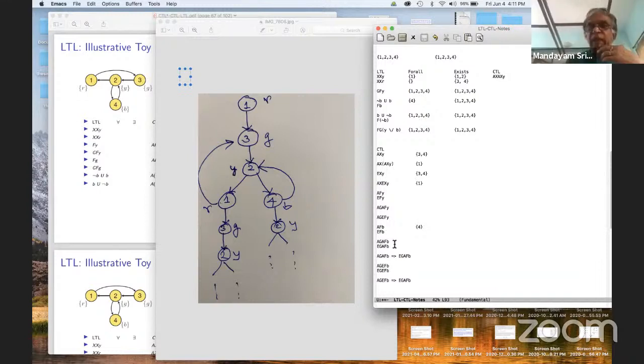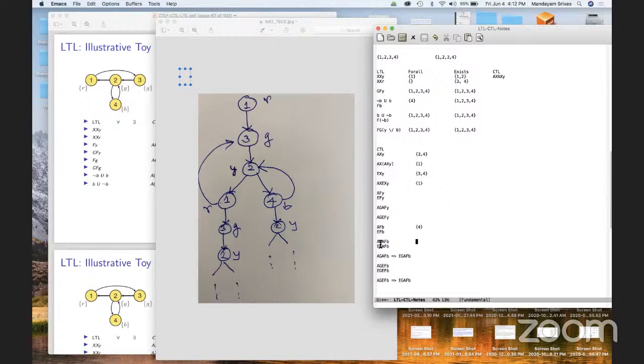So now do AG of AF of B. What is this? No state will satisfy this property, because this is the only state.